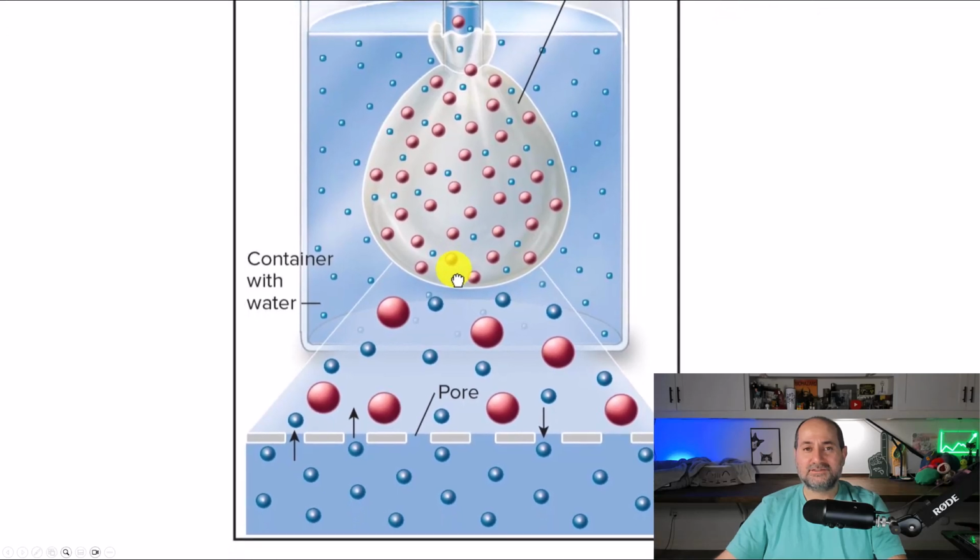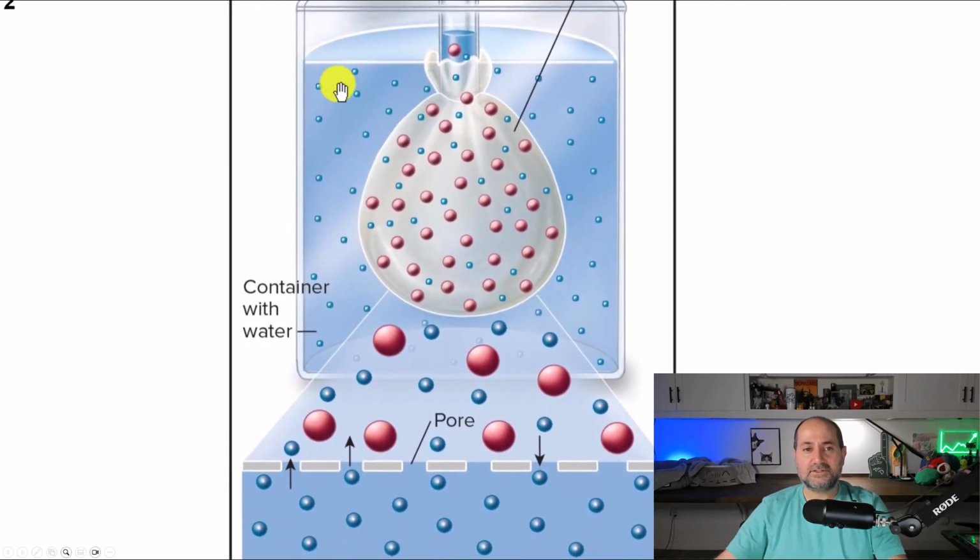So in this case, take a look. The beaker itself has no sugar in it. So it's 0 solute, 100% solvent, 100% water, right, in the beaker. Look in the bag now. The bag has a high concentration of sugar, right? It has water, but it has a lot of sugar.